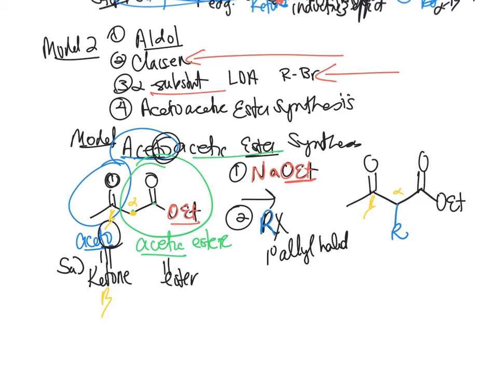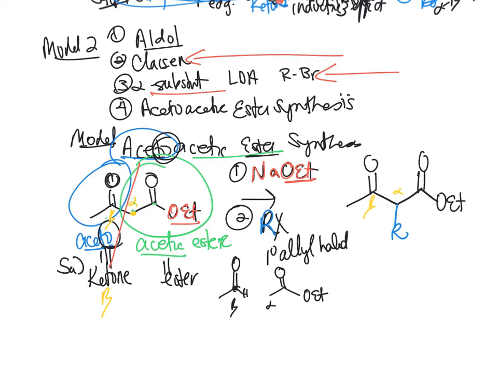Could acetoacetic ester be prepared from a Claisen condensation? Well, let's figure it out. This is your alpha, beta, and we draw the line. Okay? So then we draw the synthons, right? So there's your beta, and here's your alpha. All right. So then what? So there's your aldehyde.